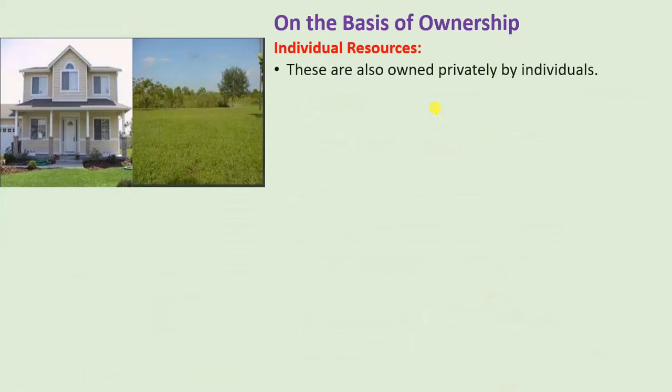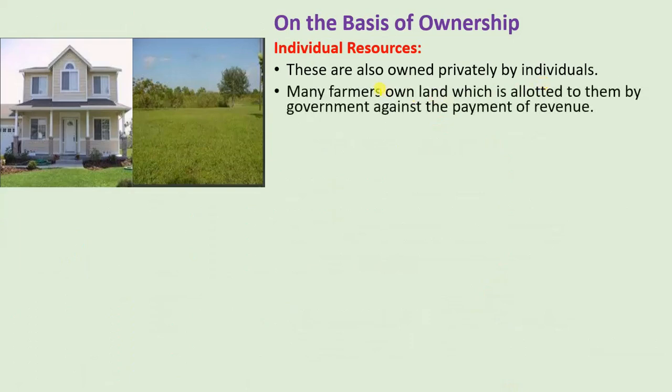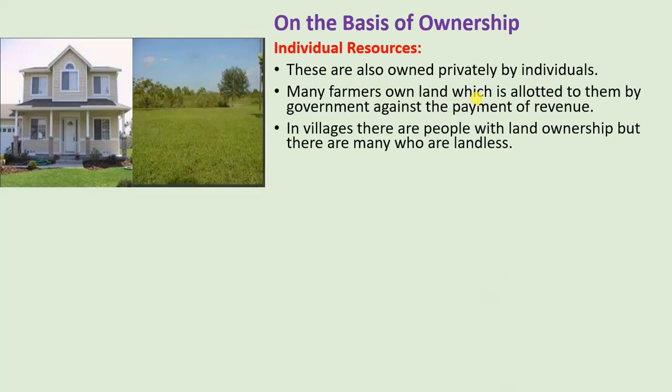On the basis of ownership: individual resources. These are owned privately by individuals. Many farmers own land which is allotted to them by the government against the payment of revenue. In villages there are people with land ownership, but there are many who are landless.